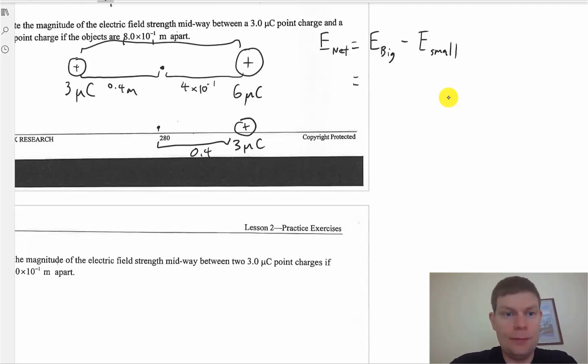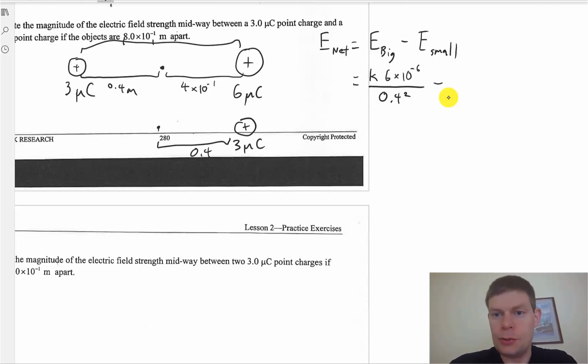And so that would be k times 6 microcoulombs, or maybe I'll put in times 10 to the minus 6, all over 0.4 squared. That's your left electric field because of this guy.